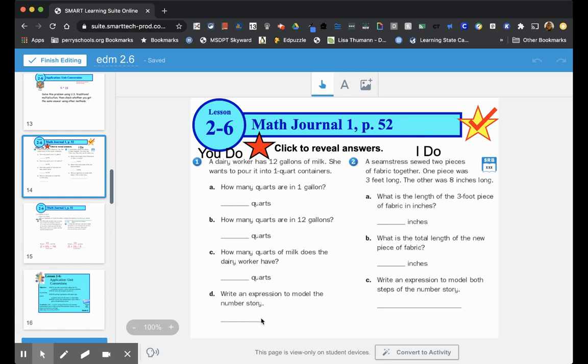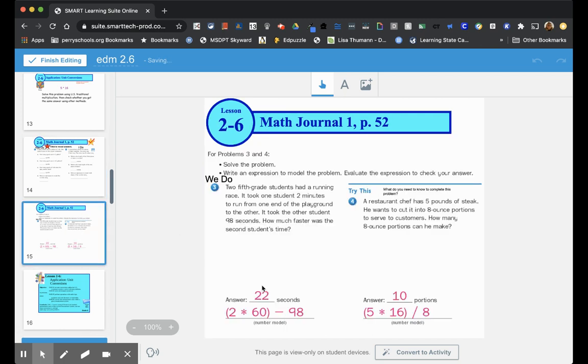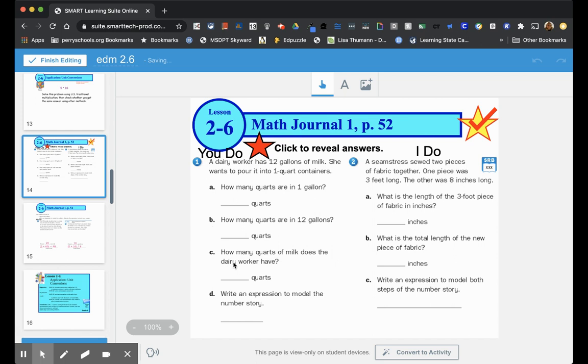And then write an expression to model that, just like we did for 2, 3, and 4. So for number 1 again, how many quarts are in a gallon? How many quarts are in 12 gallons? I want you to look at question B and C and figure out, what are they both asking? Are they asking different questions or asking the same? Pause your video here, complete number 1, and come back and check your work.